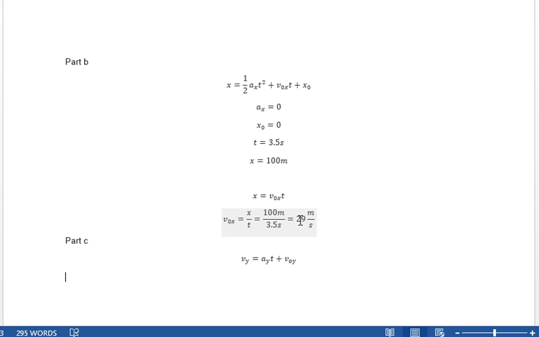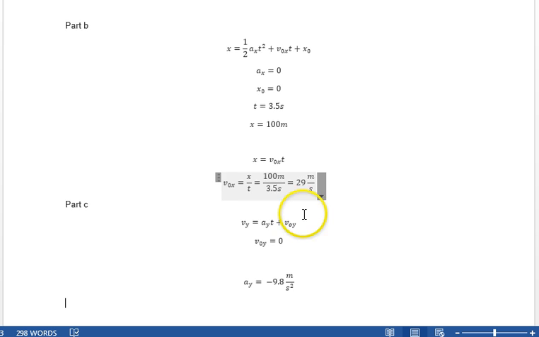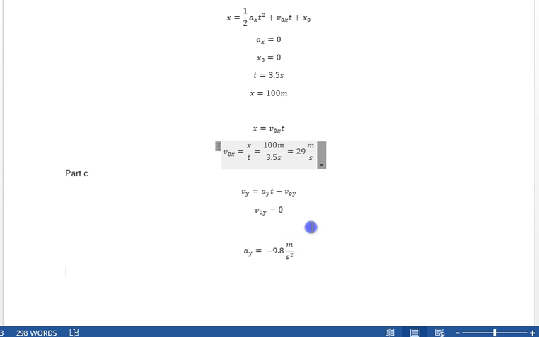Well, we've already said that v naught y is 0, and the acceleration in y, I didn't label it as such up above, is minus 9.8 meters per second squared, right? And we know when we hit the ground, again, that t is 3.5 seconds.